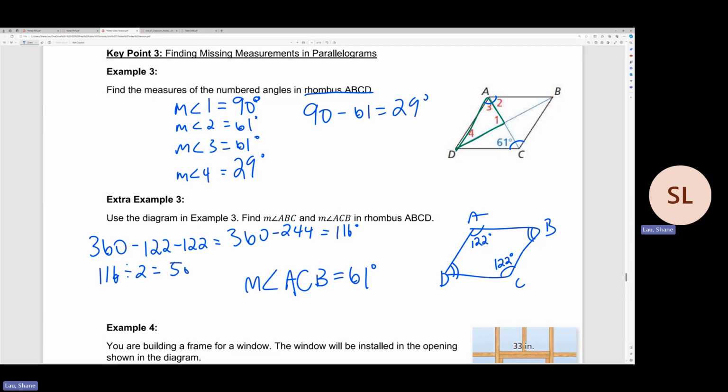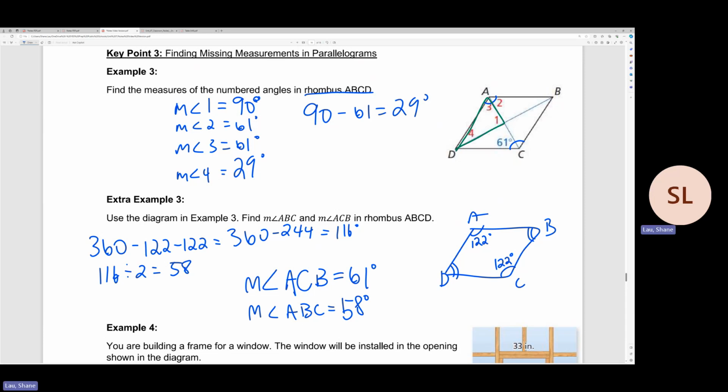That is 58, which means the measurement of ABC is going to be equal to 58 degrees. So again, not too hard, not too difficult, but a little bit more work. And that is the longer way, which I think a lot of us are going to resonate with. So I think that's going to be easier for us.